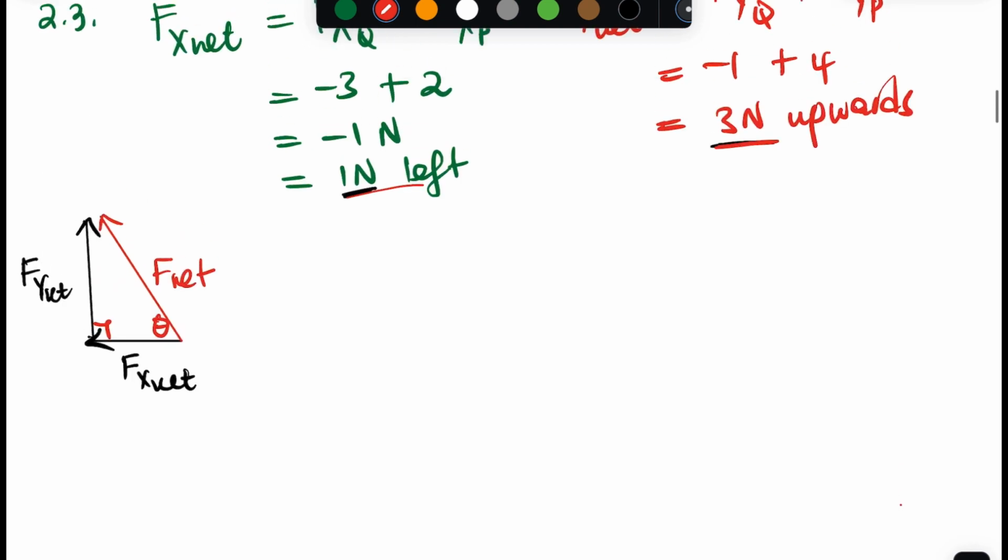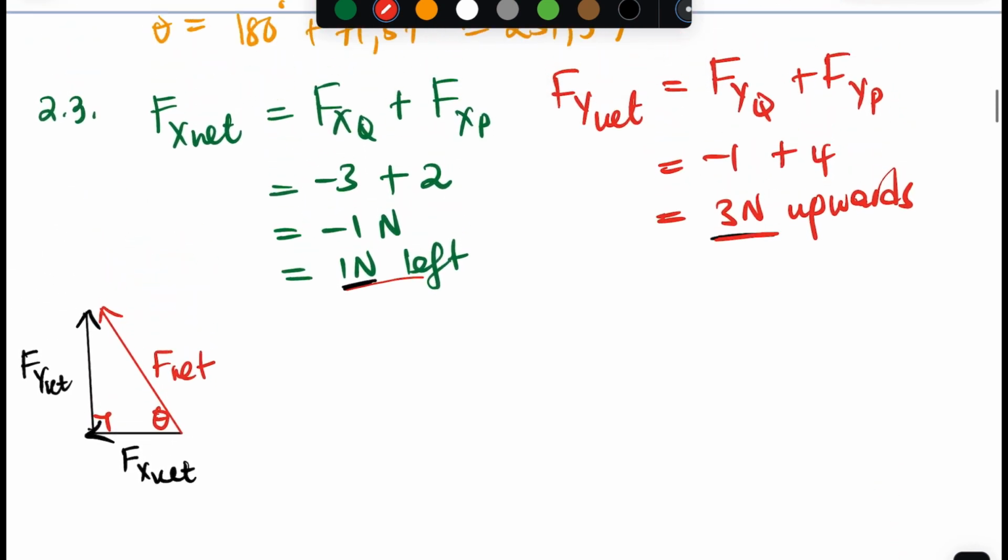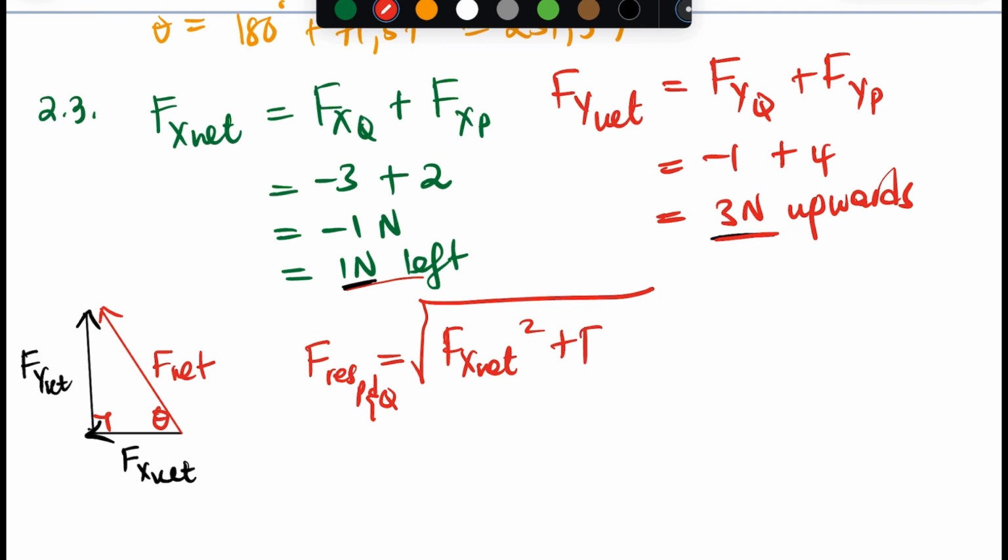Okay, let's calculate the resultant and leave the quadrants in the meantime. So the resultant, we say F res, the resultant of P and Q. So it's Fx net squared plus Fy net squared, using the theorem of Pythagoras.